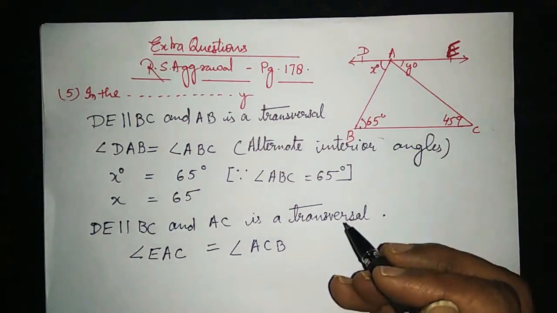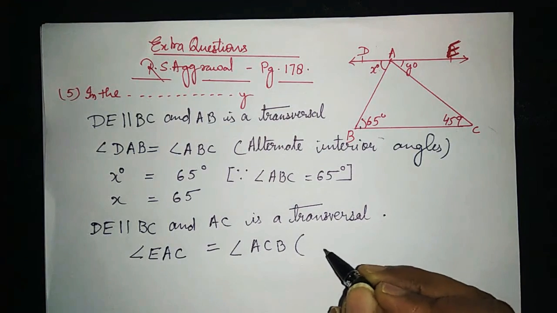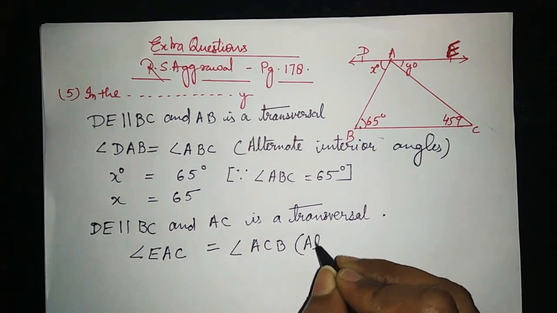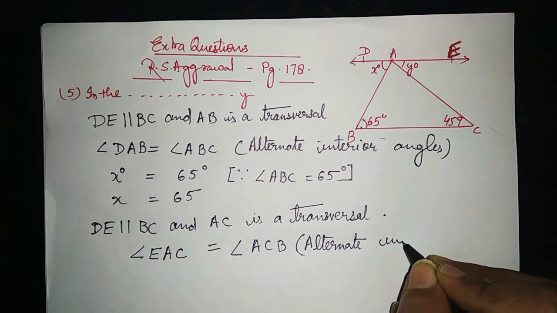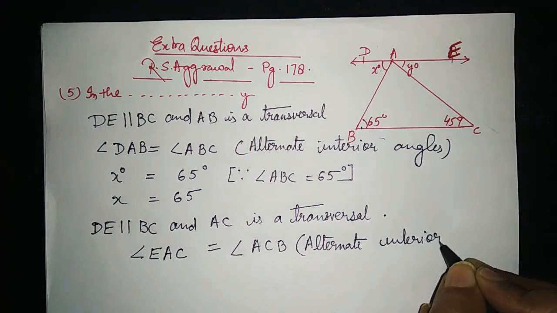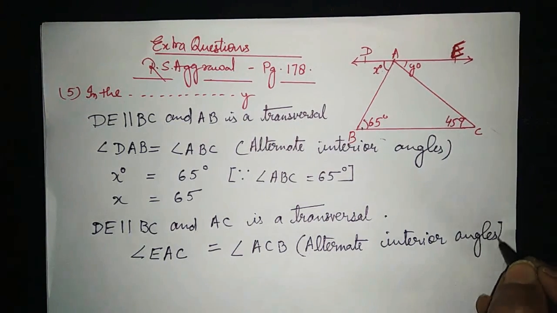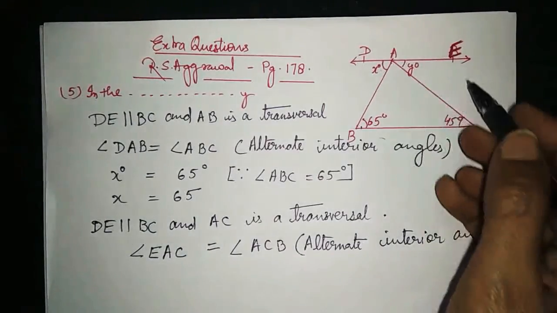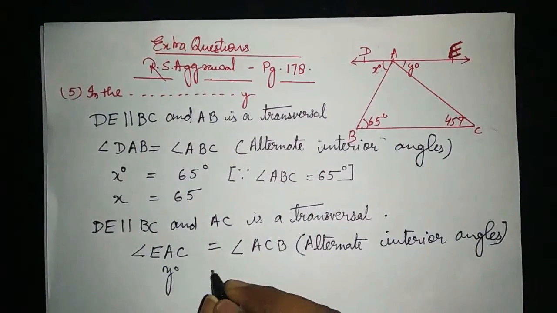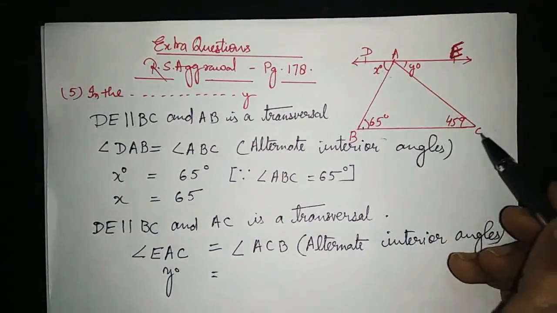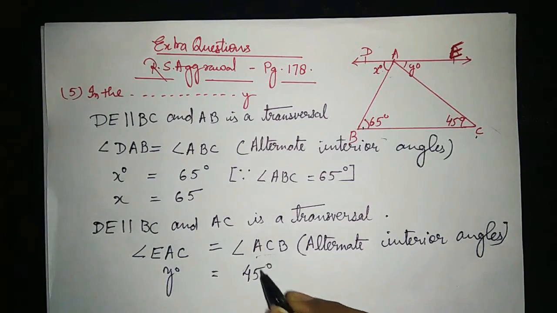And these two angles are also equal because these two are a pair of alternate interior angles. Okay. Now here EAC, how much degree? y degrees. And ACB is equal to 45 degrees.